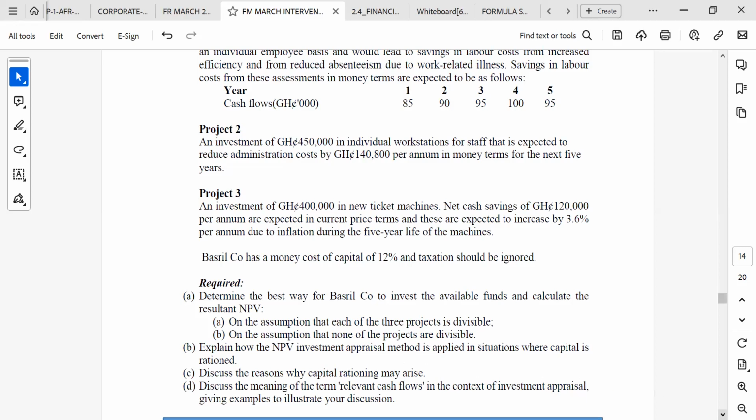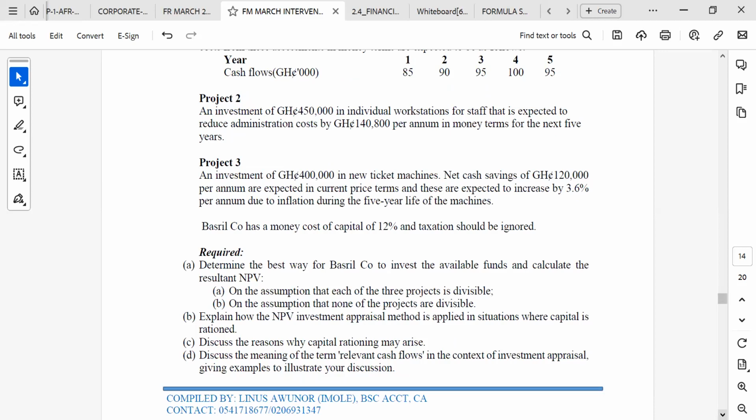Okay, so explain how the NPV investment appraisal method is applied in a situation where capital is rationed. We can look at what we have done over here. If the project is divisible, we use the NPV to rank the projects. So we can only invest in the projects that our money can afford. But we can't just invest in any project, we invest in the one that is giving us the highest NPV.